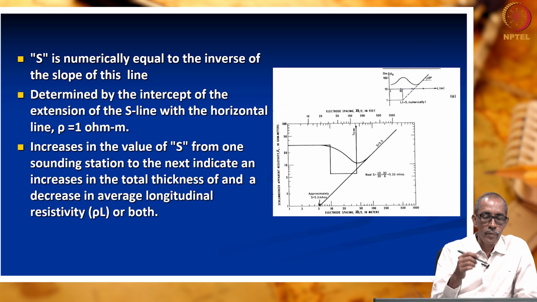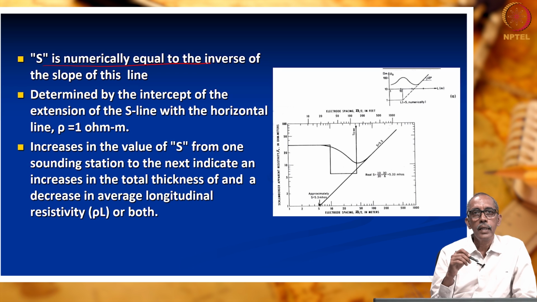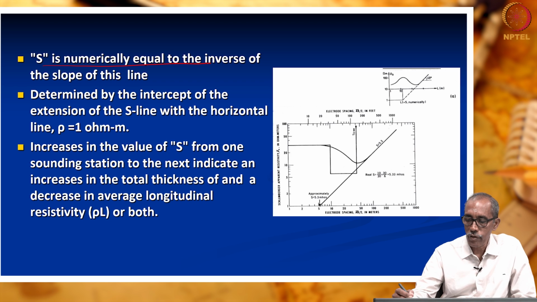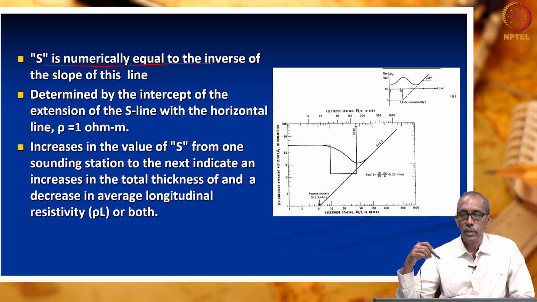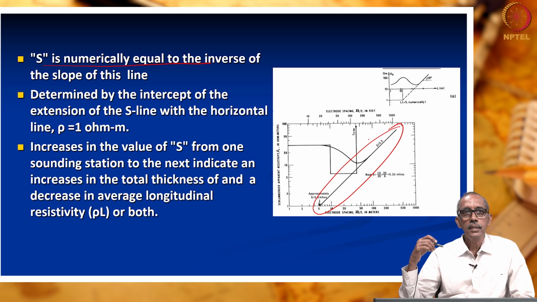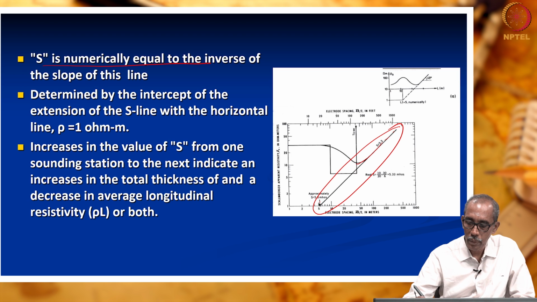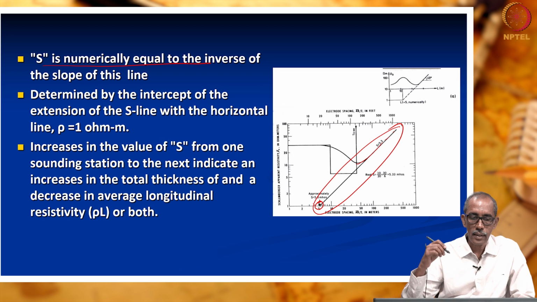As I had shown you on the previous slide, S is numerically equivalent to the inverse of the slope of this line. This is determined by the intercept of the extension of the resistivity curve, approximately at 45 degrees, so as to meet the horizontal axis.